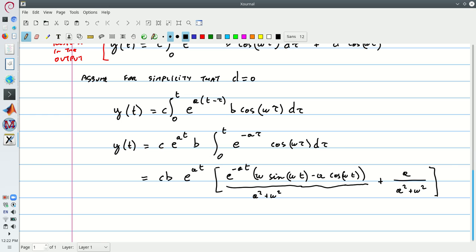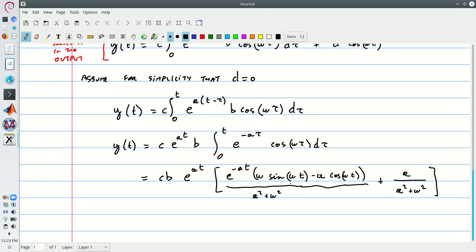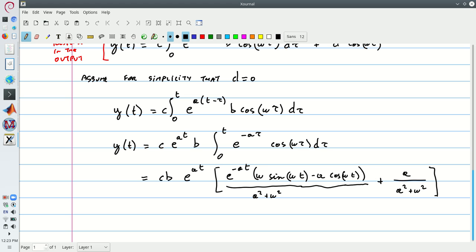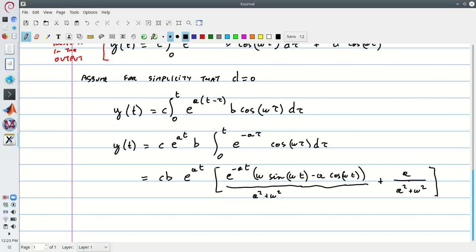So sorry for the little mess up. If I replace in this expression tau with t, I get this expression here. And if I replace in the same expression tau with 0, I'm left with exponential of 0, so 1, and I have minus a, but I have to subtract it, so hence plus a, over a square plus omega square. So this is what my expression looks like now.